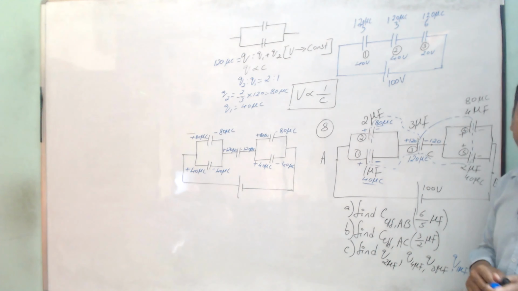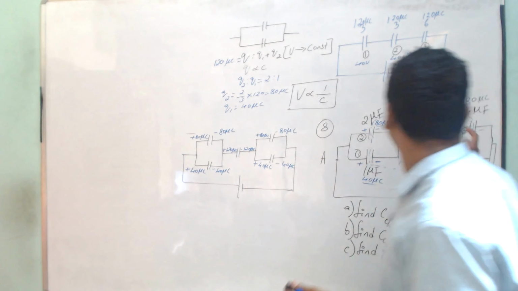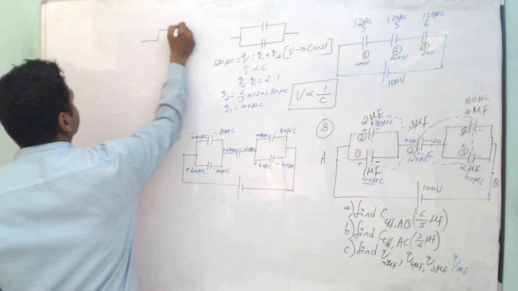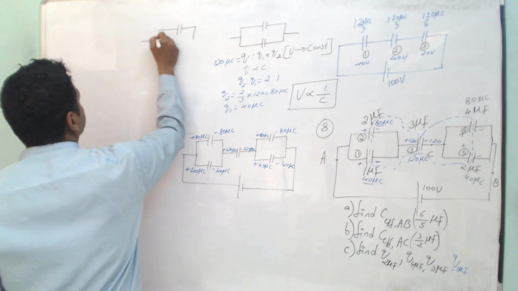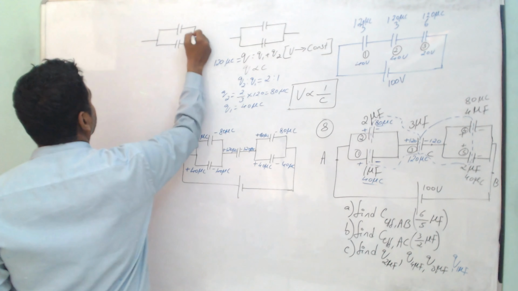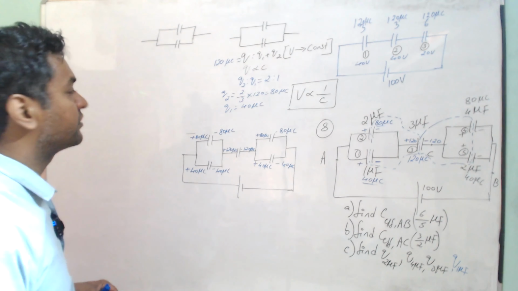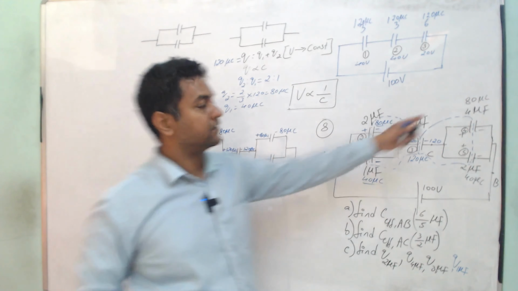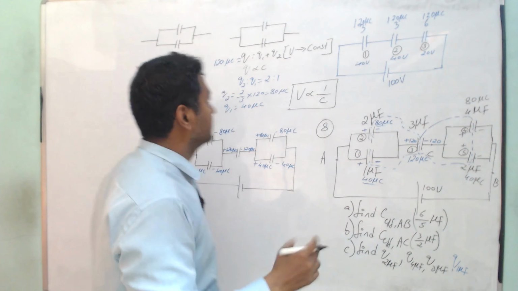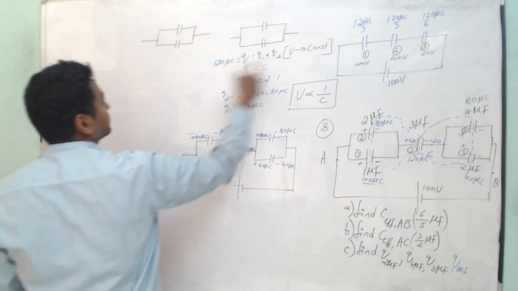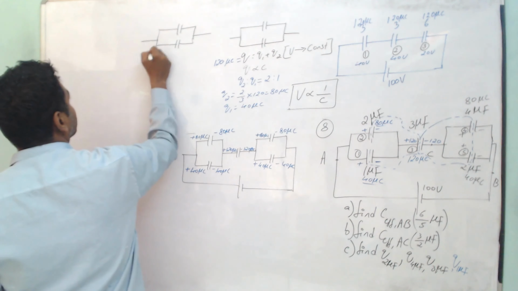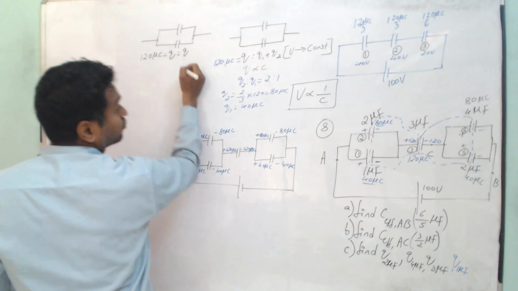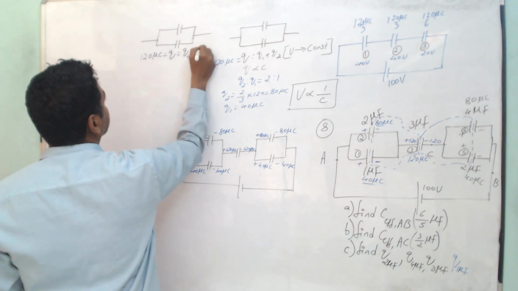No, I'm not convinced. I want to solve for 4 and 5. What is 4 and 5? 4 microfarad and 2 microfarad. Yes, sir. But this will apply: 120 microcoulomb is equal to Q, which is equal to Q4 plus Q5, correct?